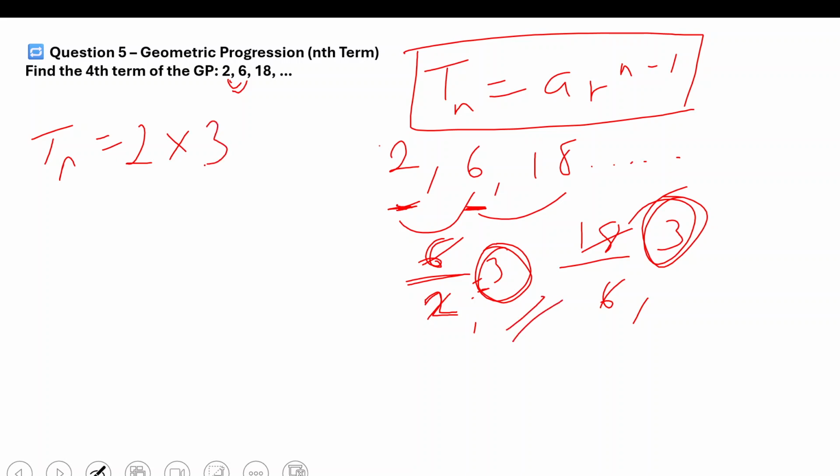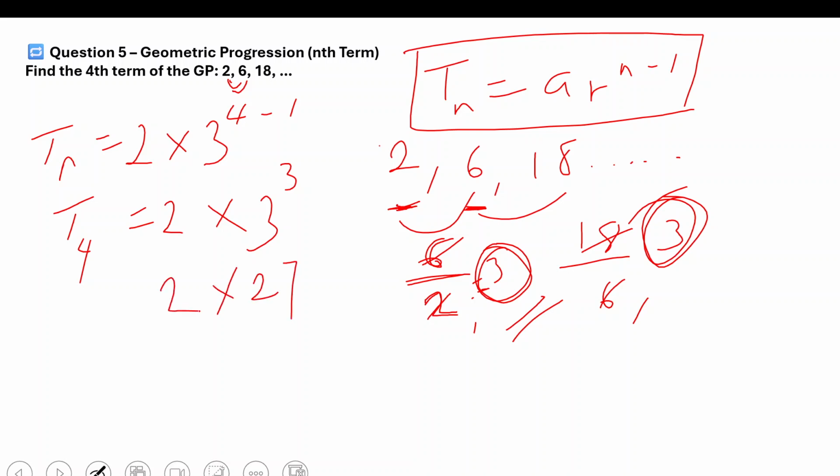So T sub 4 is equal to 2 times 3 raised to the power 4 minus 1, which is 3. So 3 raised to the power 3 is 3 times 3, 9. 9 times 3, 27. So 27 times 2 will give us 54. So 54 is the fourth term of this geometric progression.